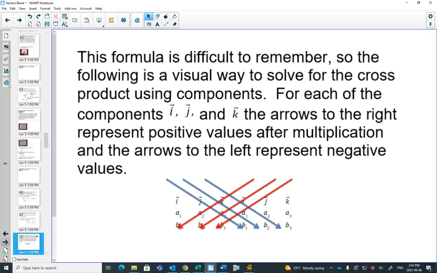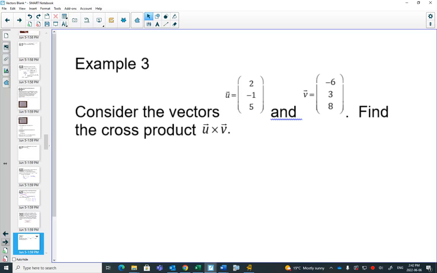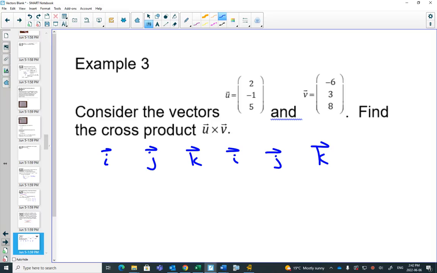There is also a form in which you can use arrows, sort of like what we did when we figured out the determinant of a 3 by 3. You rewrite ijk, ijk. You take your elements from A and write them twice. You take your elements from B and write them twice. Okay, let's do it with an actual example. So if we use this method, I have vector i, vector j, vector k, vector i, vector j, vector k.